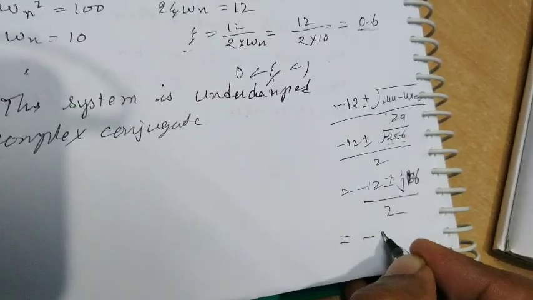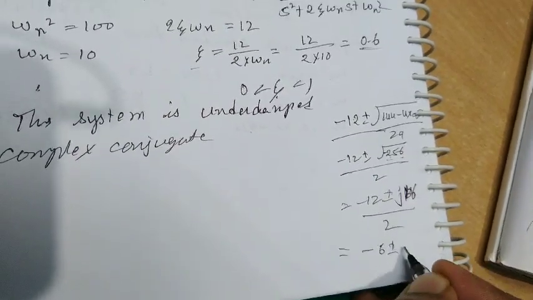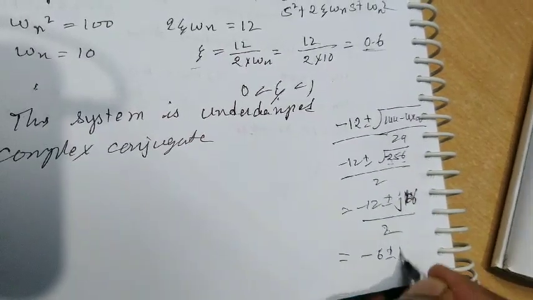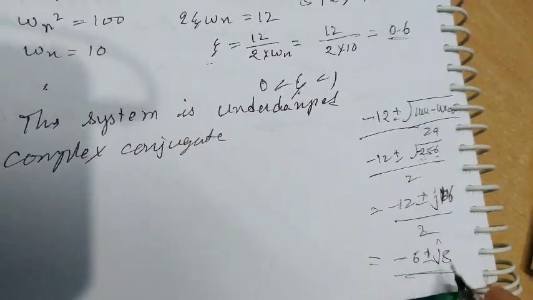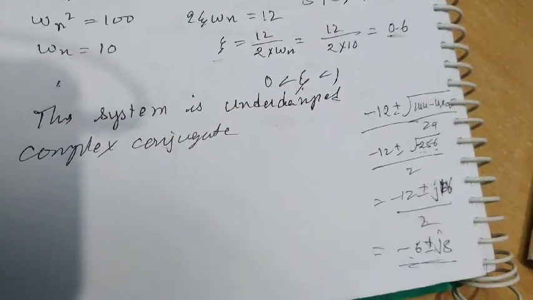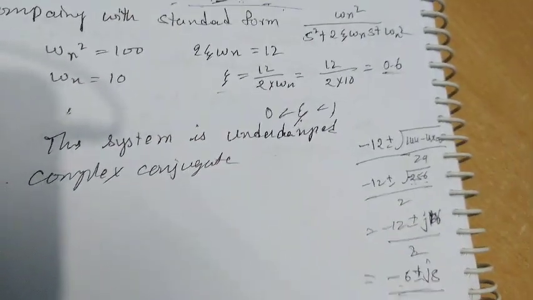So by 2, I'll get finally minus 6 plus or minus j8. So minus 6 plus or minus j8 are the roots of this equation.